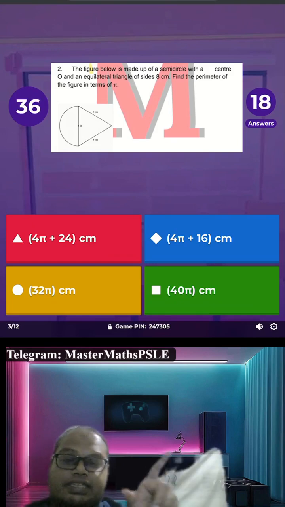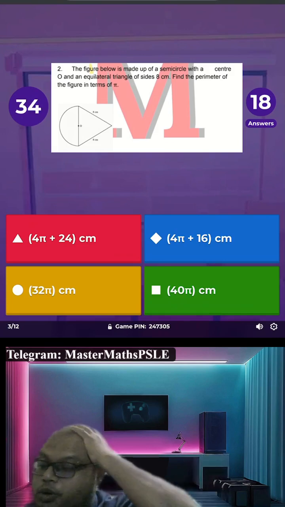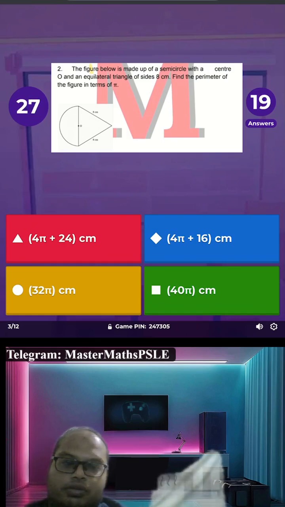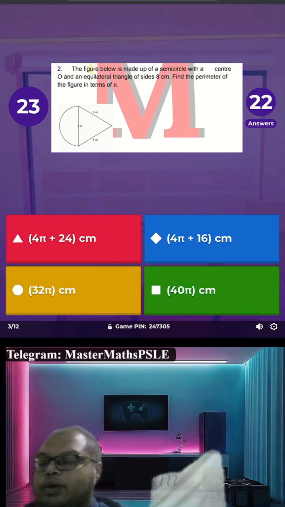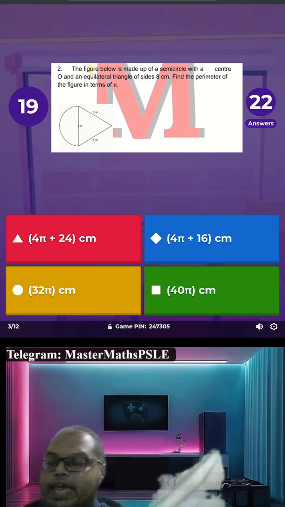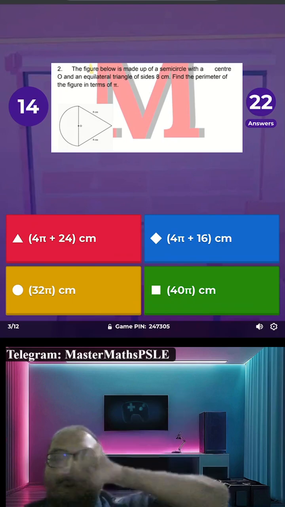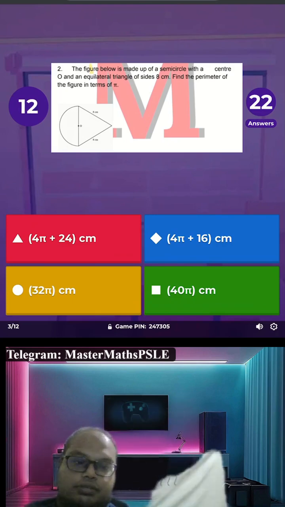In front there is a semicircle, followed by an equilateral triangle. So how will the equilateral triangle help you to get the diameter for you to calculate the circumference of that semicircle?